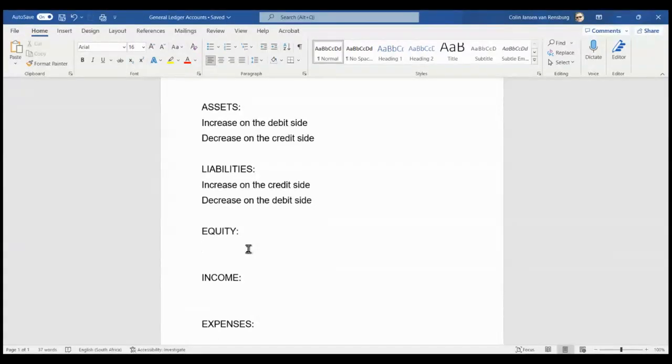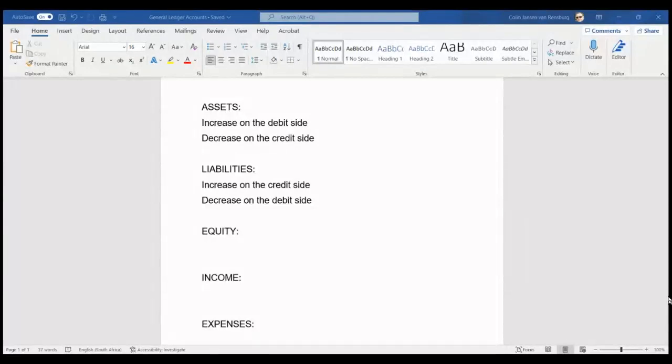So now when it comes to equity, ladies and gentlemen, if you can type for me again, on which side, debit or credit, would your equity increase? Thank you, Lolita. Exactly. Also on the credit side, right? Because we know that assets equal liabilities plus equity.